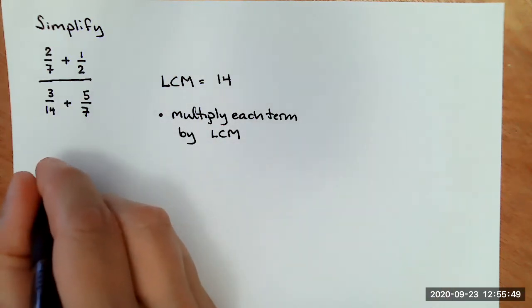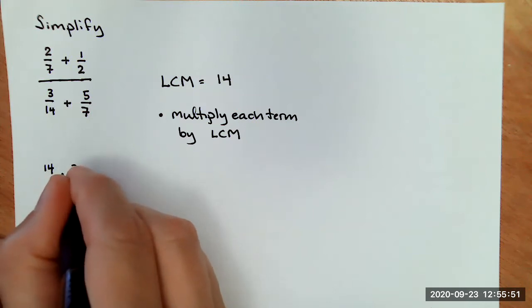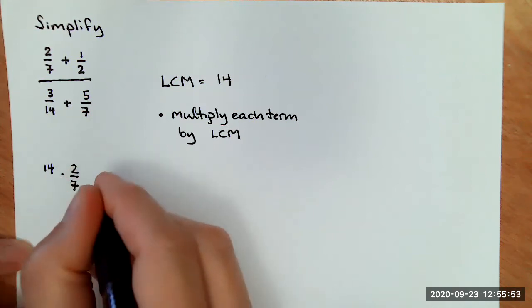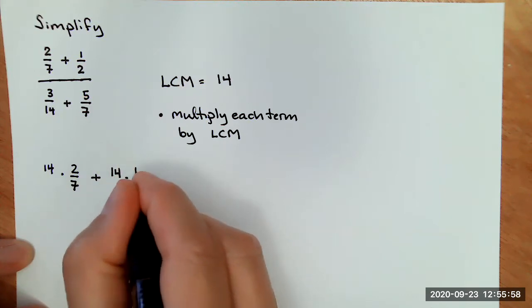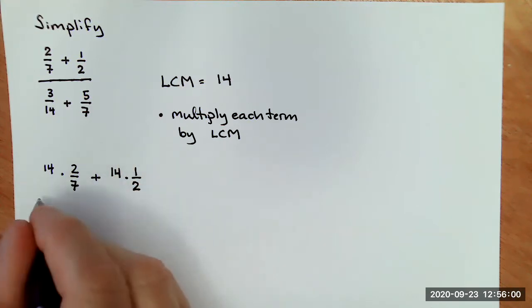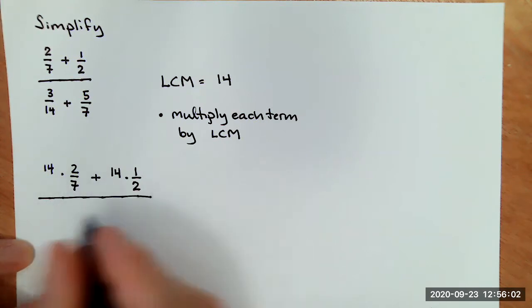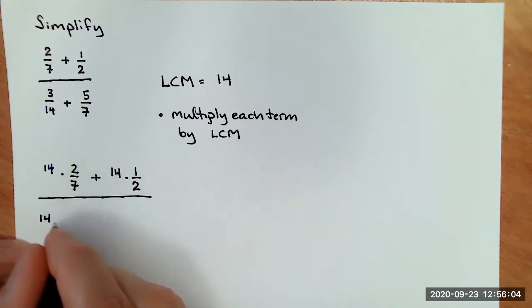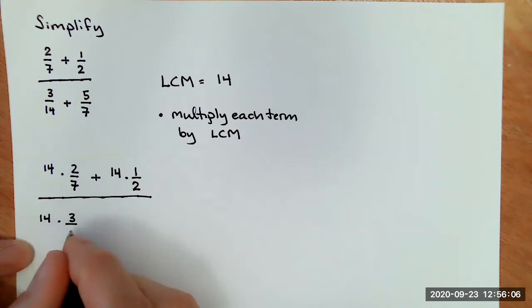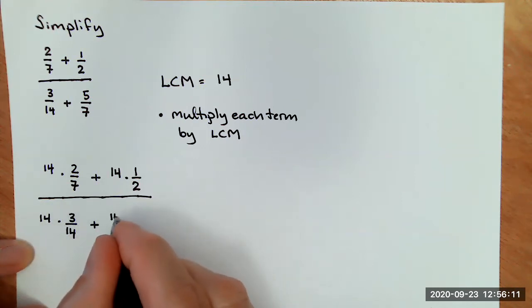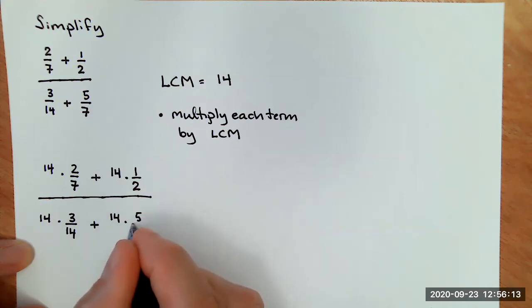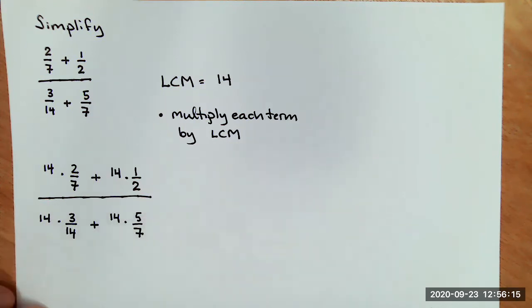We have 14 times 2 over 7 plus 14 times 1 over 2, all divided by 14 times 3 over 14 plus 14 times 5 over 7.